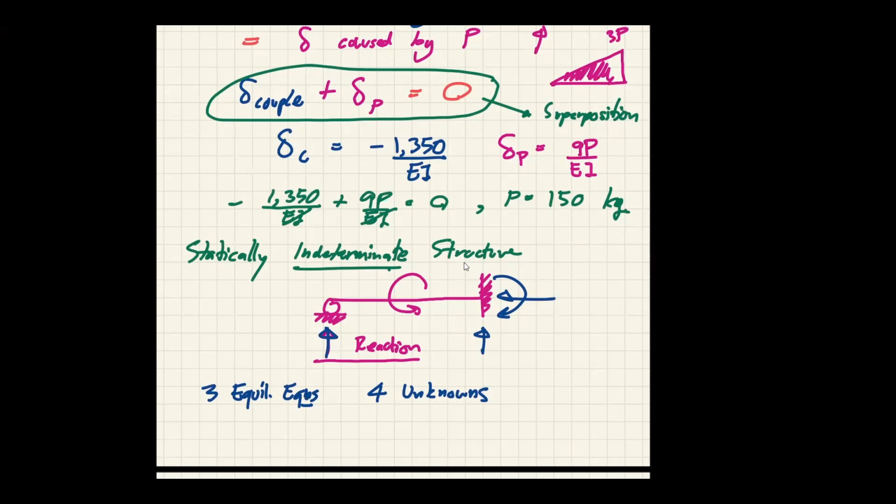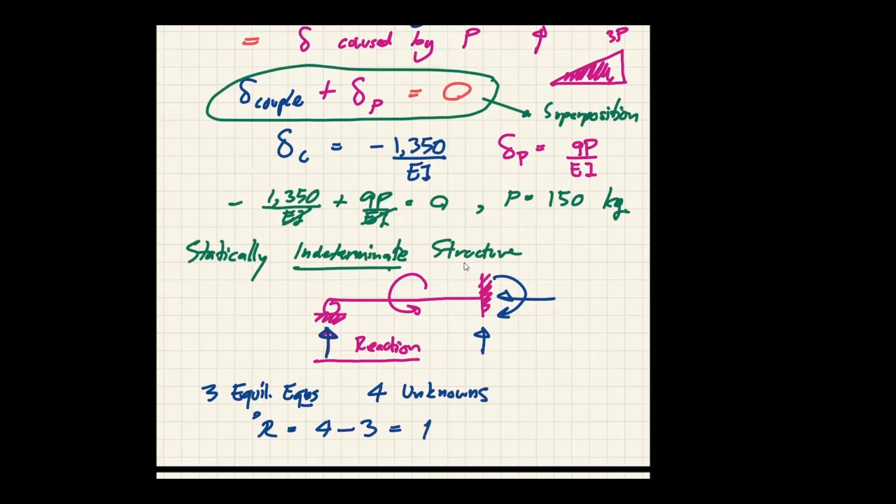And that means we need an extra equation. The extra equation that we need relates to what we call the degree of redundancy. R, the degree of redundancy, is equal to the number of unknowns minus the number of equations that you have. And here it is 1.